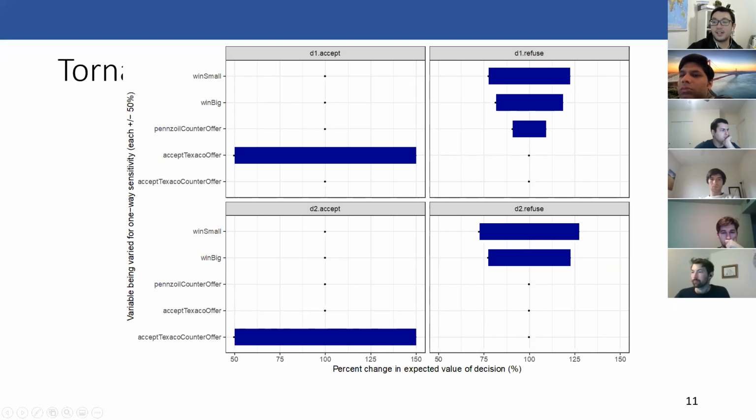And then these are typically ordered by the largest influence to the smallest influence.